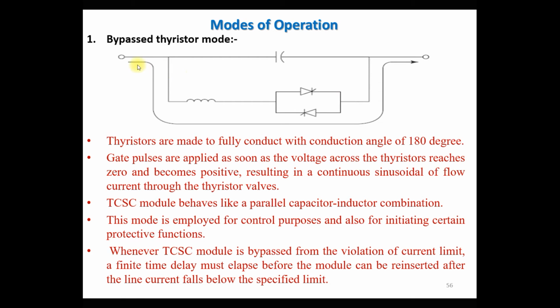If the current flowing through the capacitor goes above the limit, this mode comes into the picture and bypasses the capacitor. But when the current returns to the normal value, after some finite time delay, the module is reinserted into the line when the current falls below the limit. In this way we can disconnect or insert the capacitor during fault conditions.